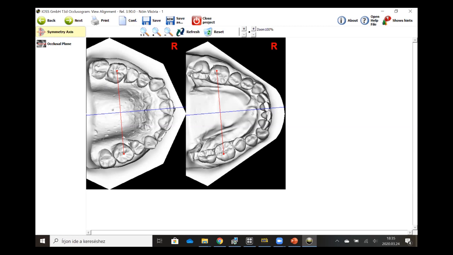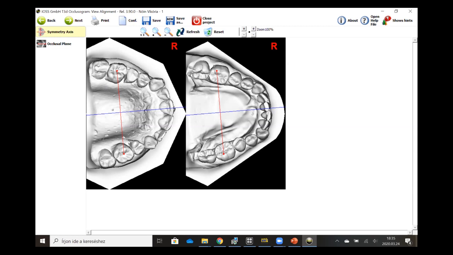Yes, so that means that the upper molars are okay. No, it means that they are symmetrical. Maybe you want to expand them, both of them, but the expansion will be symmetrical. Maybe you want to contract, but symmetrically. Maybe you want to distalize or mesialize, but it will be symmetrical.